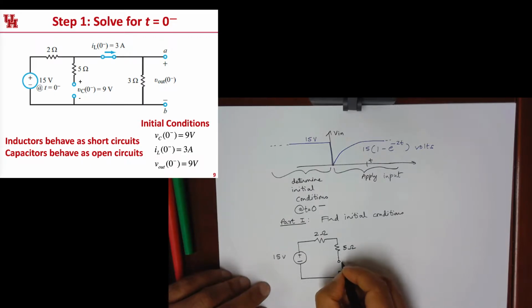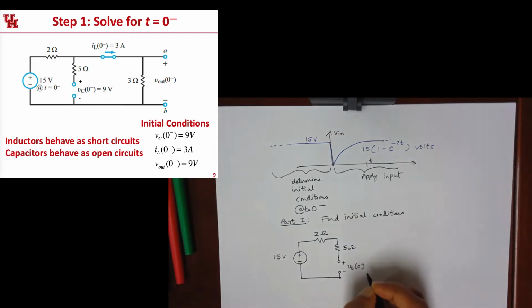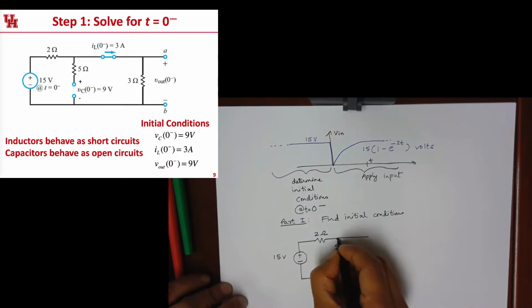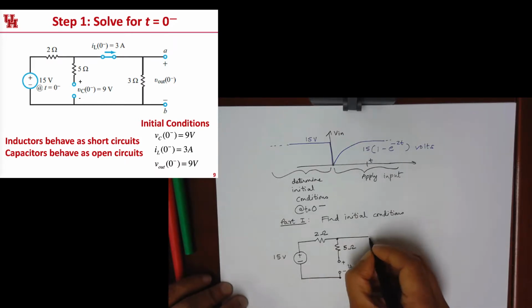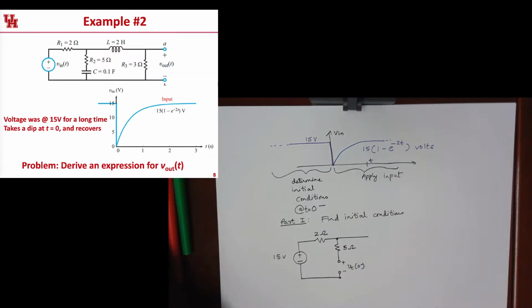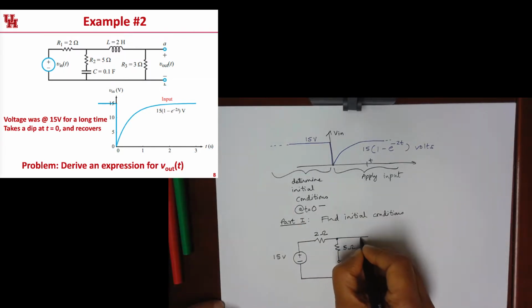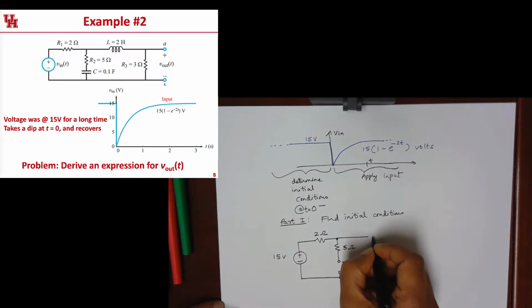It's going to have some initial voltage across it, and we need to figure out what that is. Then there is an inductor here, the 2 henry inductor, but if the current is flowing steadily through it, it appears for all practical purposes like a short circuit.